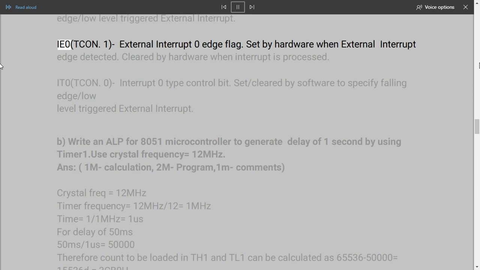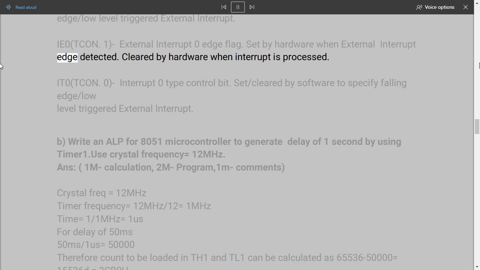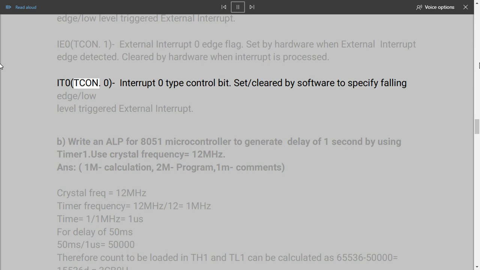IE0, TCON.1, External Interrupt 0 Edge Flag. Set by hardware when external interrupt edge is detected. Cleared by hardware when interrupt is processed. IT0, TCON.0, Interrupt 0 Type Control Bit. Set/cleared by software to specify falling edge/low-level triggered external interrupt.